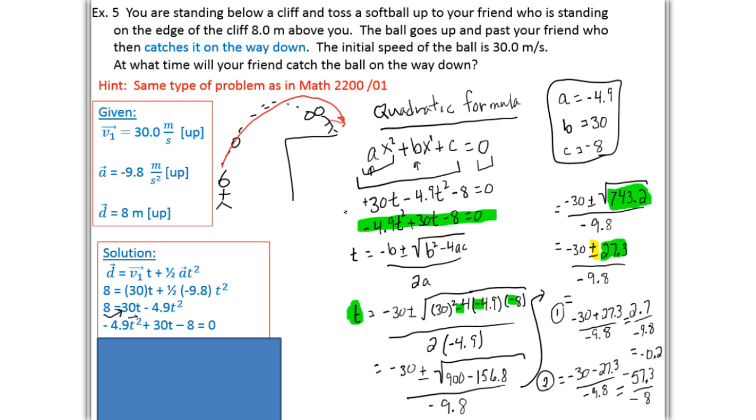Okay, two negatives divided give a positive, and perhaps you guys already got it worked out. So 57.3 divided by 9.8 is going to give me 5.8.